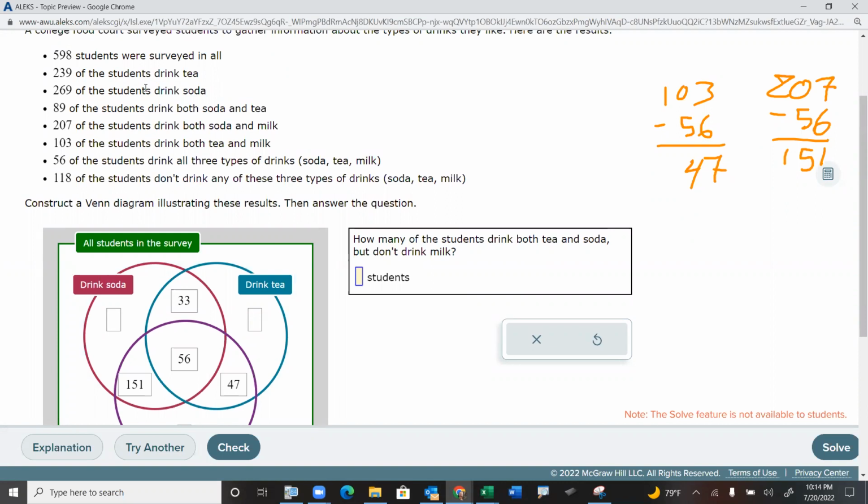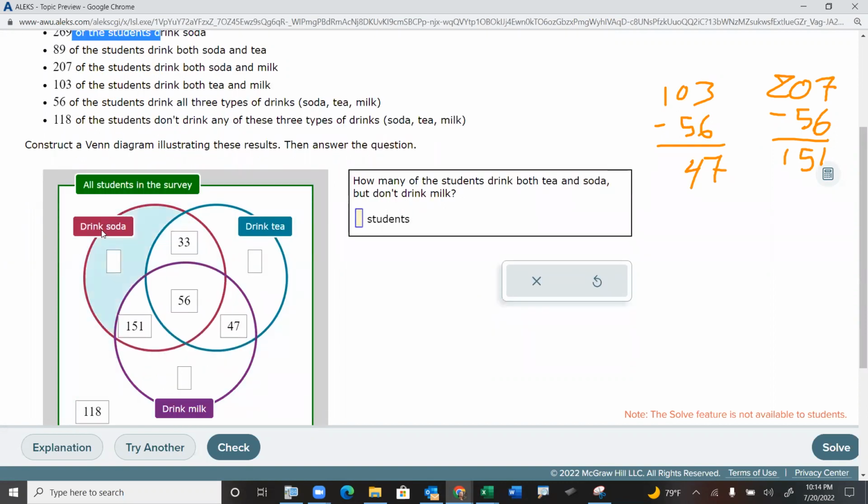All right, now it's time to go to these top three up here. So 269 of the students drink soda. So this, and this, all four of those are soda. If we go all 269 minus the 33 and 56 and 151 that are already accounted for out of that 269, we better get a positive answer.